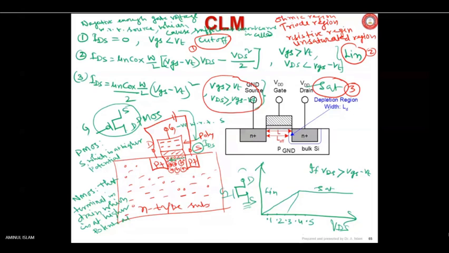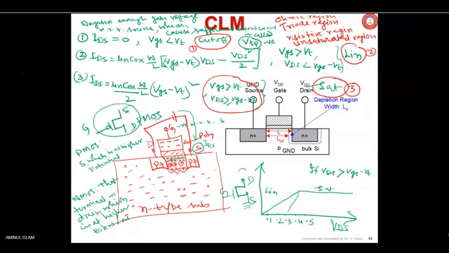In the case of a P MOSFET, Aman? Threshold voltage. VtP. We write P because it is a P MOSFET, and remember that this should be negative.